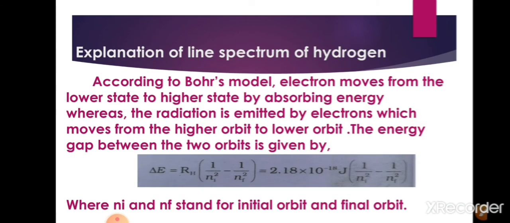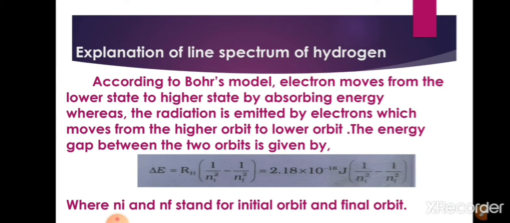Next, we are going to explain the line spectrum of hydrogen by using Bohr theory. I told you in the last class that radiation or energy is absorbed if the electron moves from a lower to a higher stationary state, and it emits energy or radiation when it moves from a higher to a lower energy state.